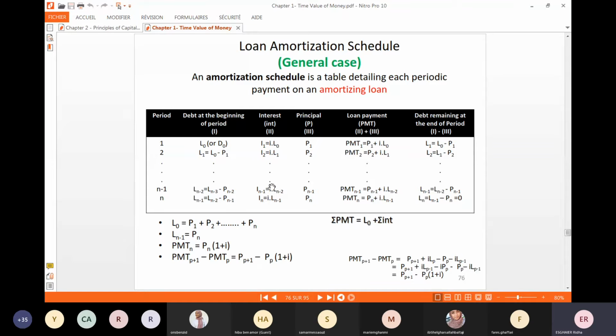So payments and interests are not constant, they decrease over time. The only constant thing here is the principal portion.